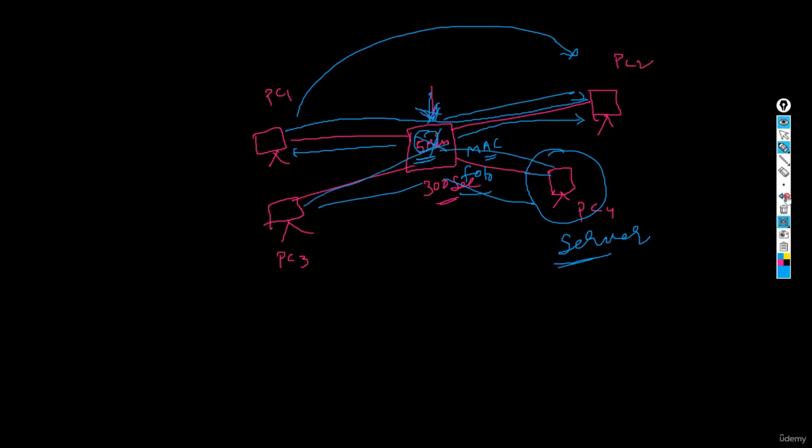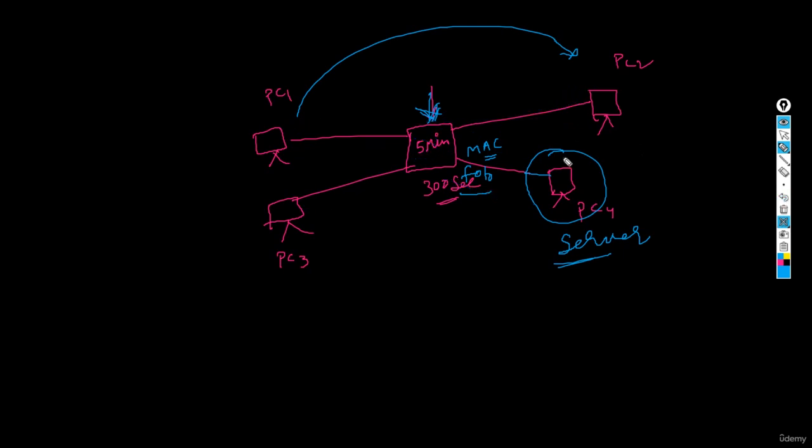But the problem is that after 5 minutes, if no one is communicating, it is going to forget and remove the entry from the table. So if anyone is accessing this server, we don't want to do the broadcast. Why don't we want the broadcast? Because broadcast is going to reduce the network performance. We will have issues, and we will not have a good network.